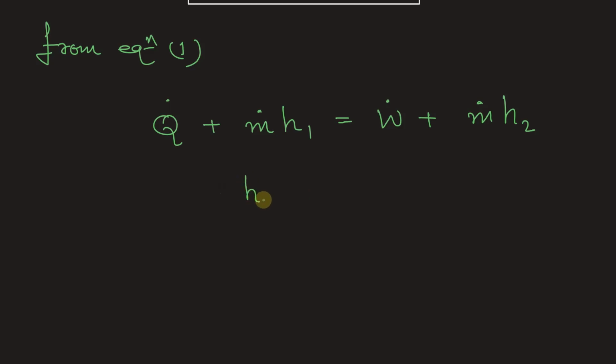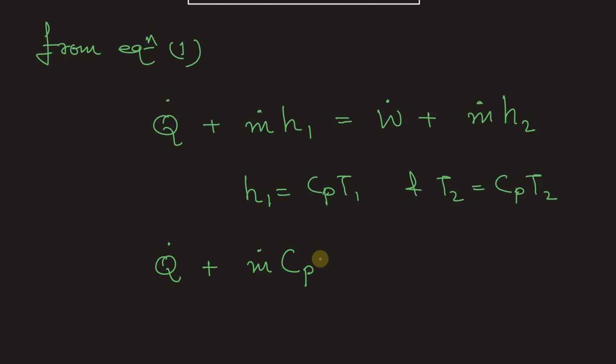We know enthalpy H1 is equal to Cp T1 and H2 at exit will be Cp T2. So we can substitute here and write this energy equation as Q dot, heat flow, plus m dot Cp T1 is equal to W dot plus m dot Cp T2.